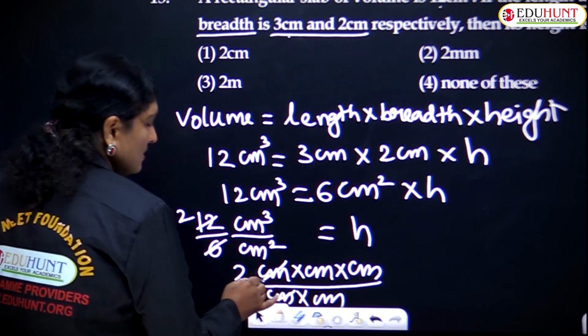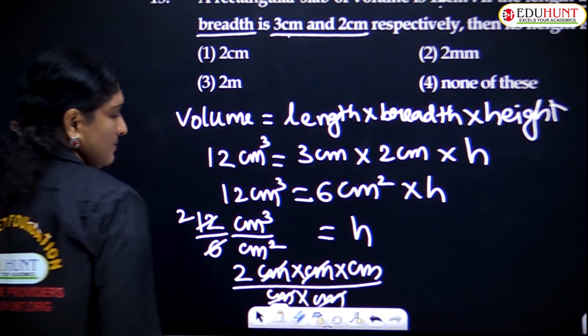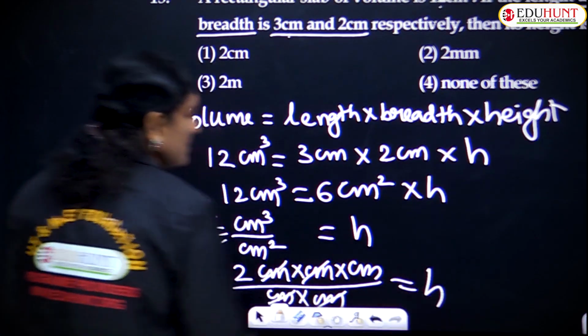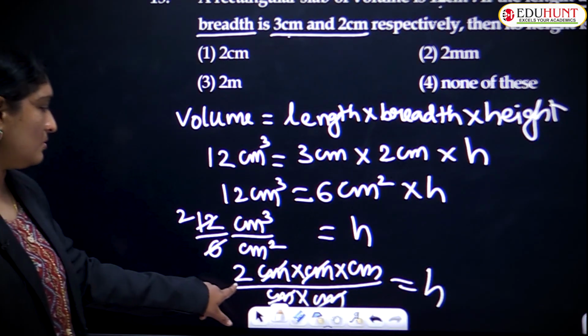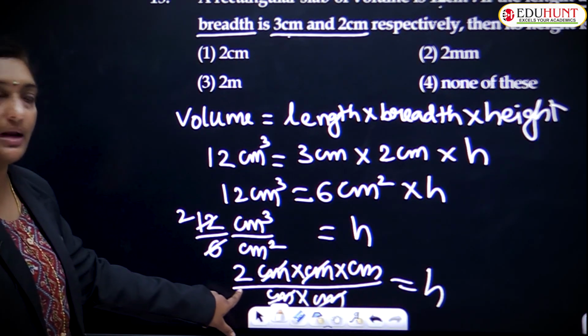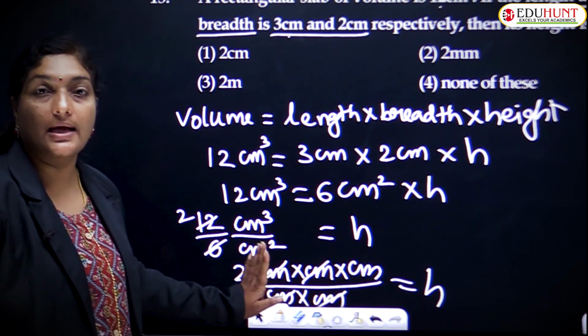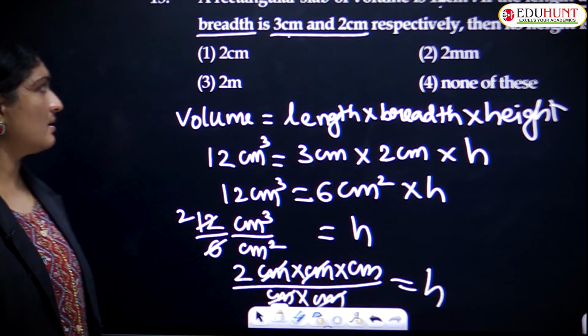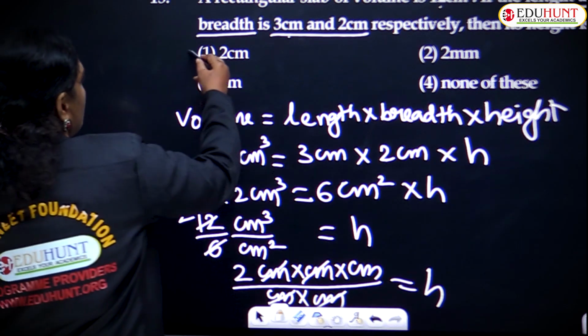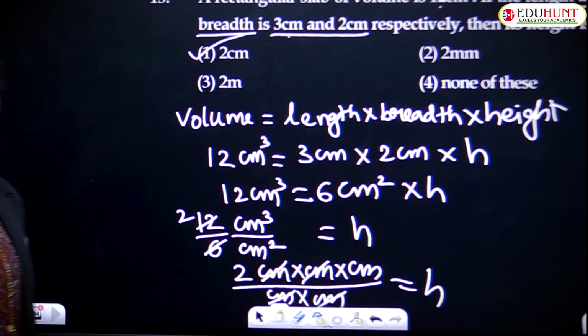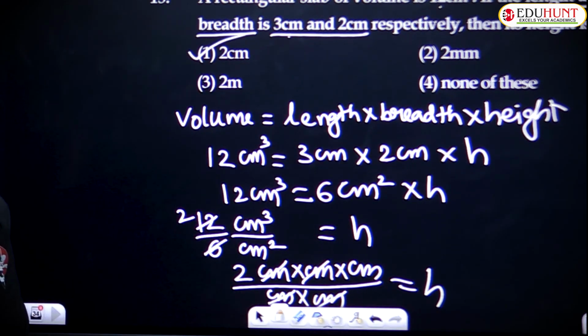This centimeter cancels, this centimeter cancels. Hence, what is left for h? H is equal to, what is the numerical portion left? Numerical portion is 2 and the unit is cm. So, the answer is 2 centimeter. Where is the answer? 2 centimeter. Hence, the height of the slab is 2 centimeters.